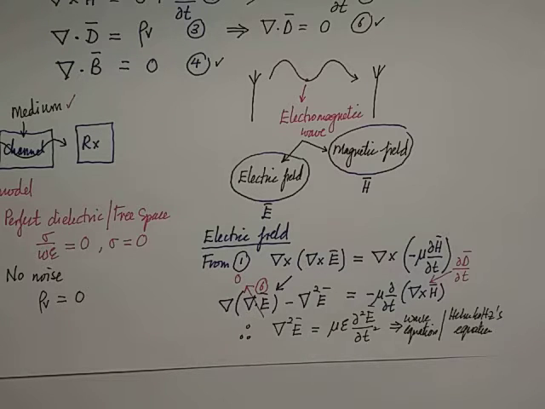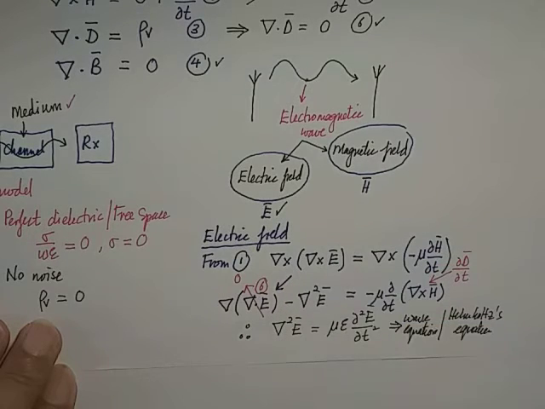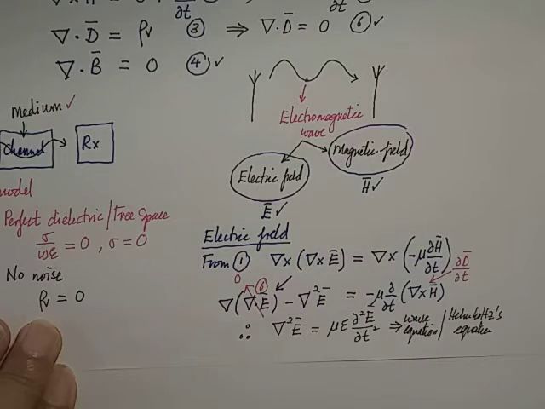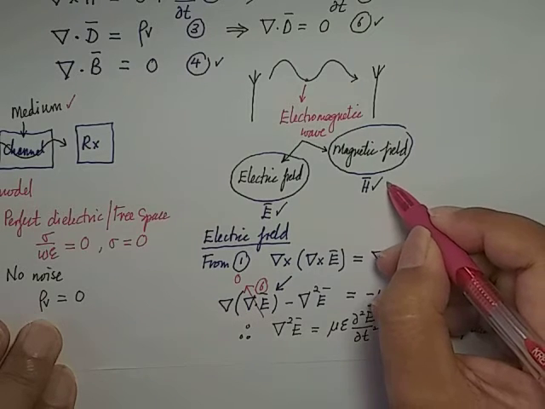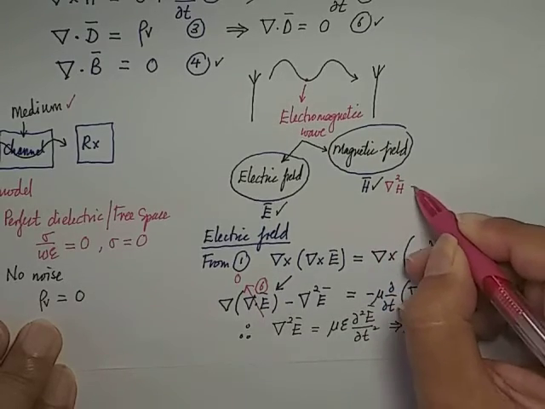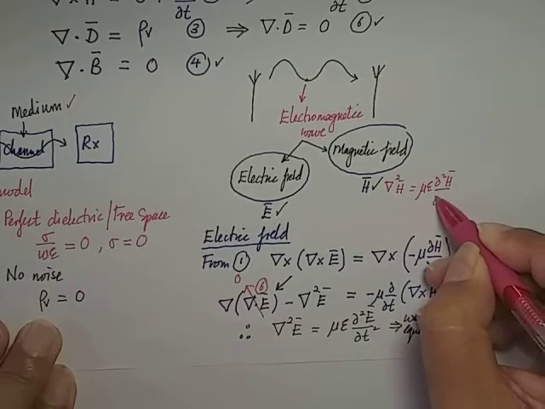Okay, so now, alhamdulillah, we have completed an equation representing our E. Then, logically, we also need to set an equation representing our H. If you use the same method shown here, I'm sure you can prove to yourself that H can also be represented with the same wave equation, equal to mu epsilon d square H over dt square.